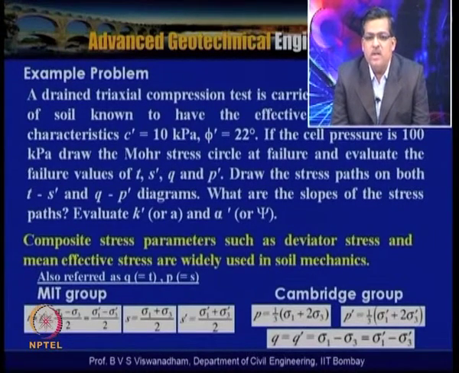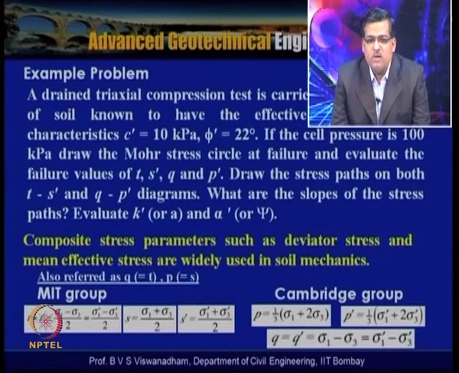Where t is equal to t dash, that is nothing but sigma 1 minus sigma 3 by 2, which is equal to q in the original definition put forward by the MIT group. s is equal to sigma 1 plus sigma 3 by 2. So in case of s equal to s dash, it is sigma 1 plus sigma 3 by 2, equal to sigma 1 dash plus sigma 3 dash by 2.